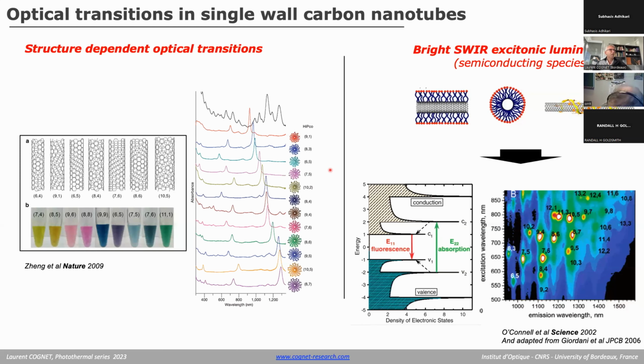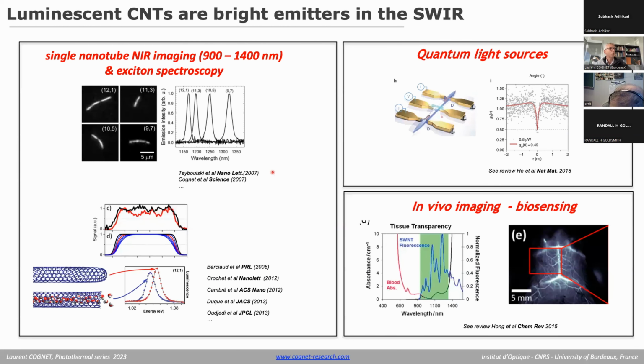So over the years, there's been the golden years of the spectroscopy of single-wall carbon nanotubes, between, I would say, 2005 and 2015, where we and others, of course, performed a lot of spectroscopy of such carbon nanotubes at the level of the single tube, and understanding excitonic processes in these objects. And then later on, the main applications that were coming in terms of the optical properties of carbon nanotubes, I would separate them in two classes.